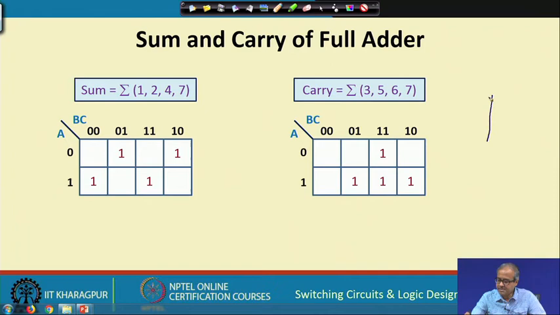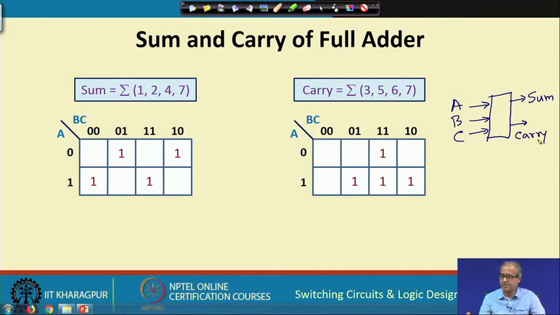A full adder is a circuit which takes 3 inputs, 2 binary numbers A and B and 1 carry input, let us call it C. And in the output we get a sum and we get another carry, right. Earlier we had shown the truth table of a full adder.